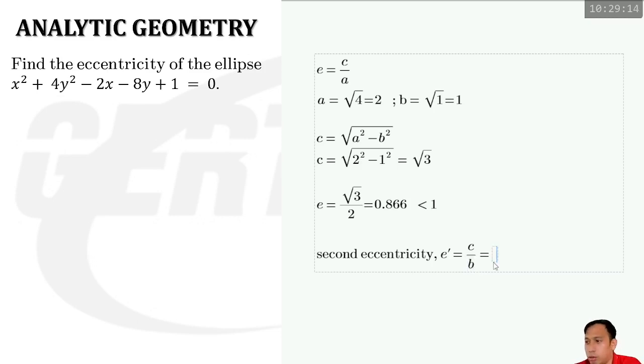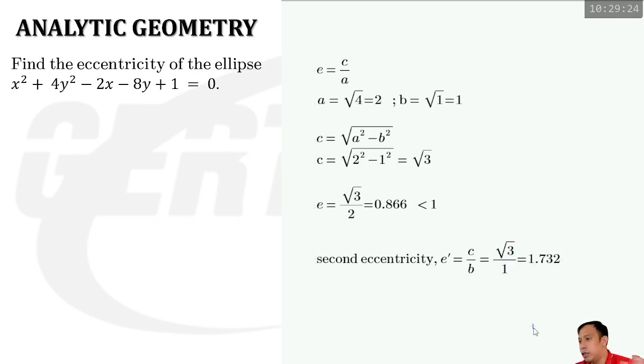So that is equal to square root of 3 over 1. Okay? So, in this case, the second eccentricity may be greater than 1. Yan yung second eccentricity. Okay ba?